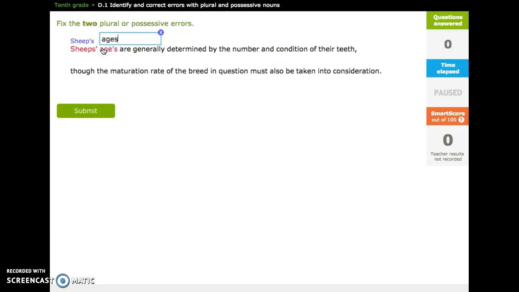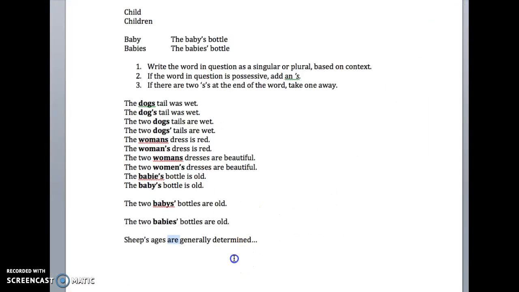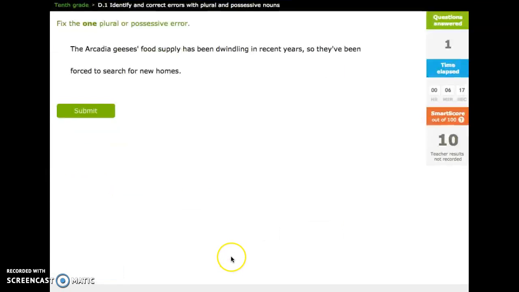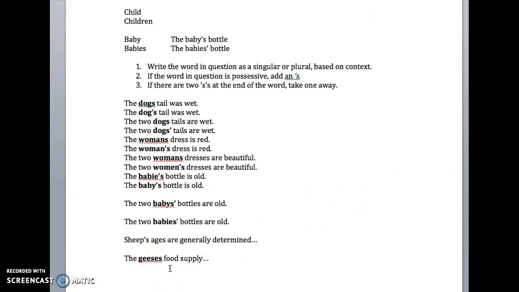Sheep's ages. Okay. The Arcadia geese's food supply. Let's just do this. The geese's food supply. Okay, so this is the word in question. So that's plural. What's the plural for goose? Geese.